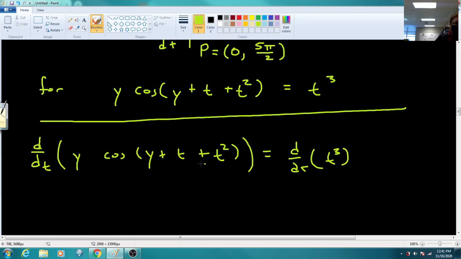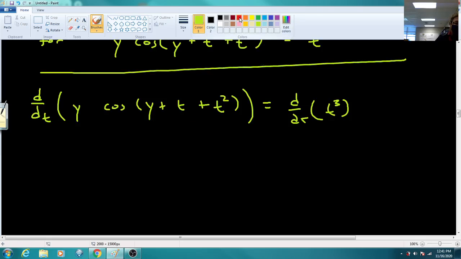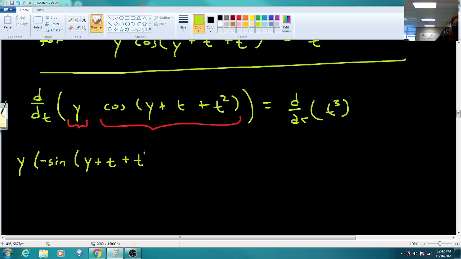Product rule is going to apply on this first part because we have a y multiplied by all this stuff. So we're going to leave the y part alone. We'll take d/dt of this. The derivative of cosine is negative sine. Leave the inside stuff alone. And then by the chain rule, we multiply it by the derivative of the inside stuff.